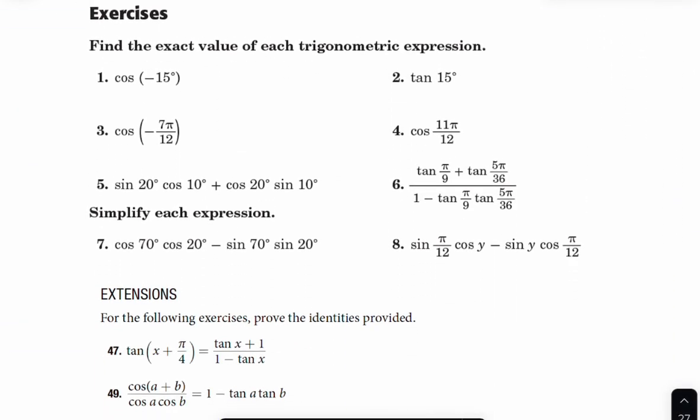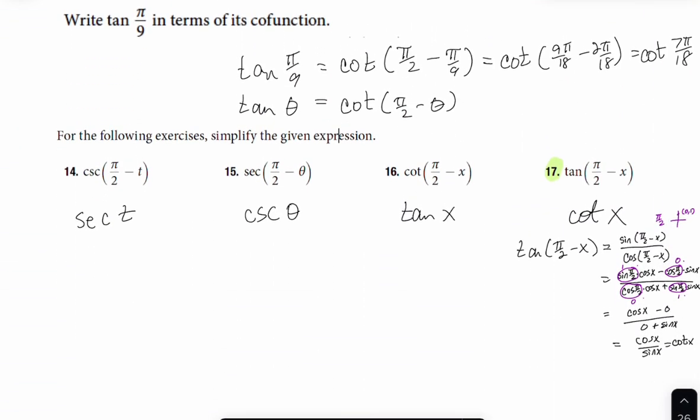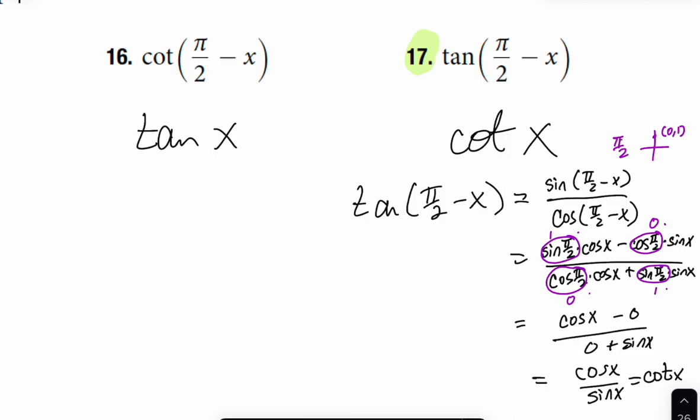Can you zoom back in on the bottom of the problem? Where did the sine of x go on top?